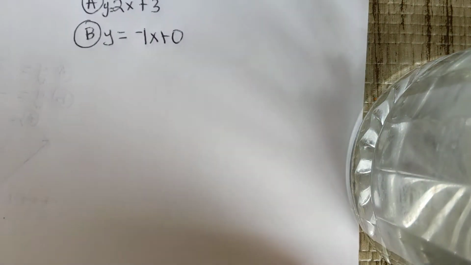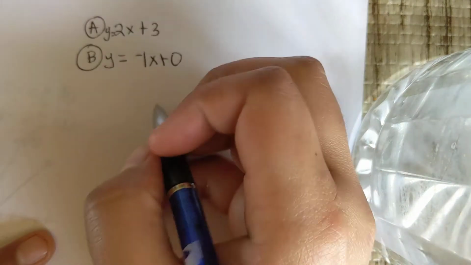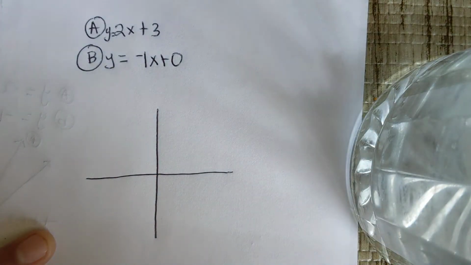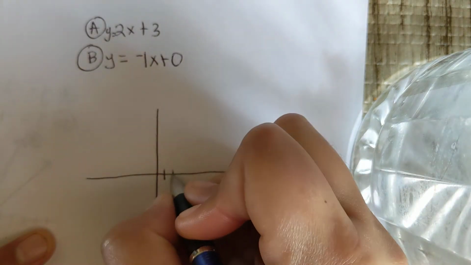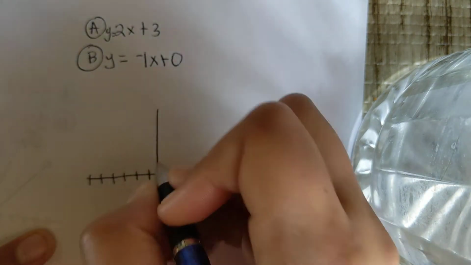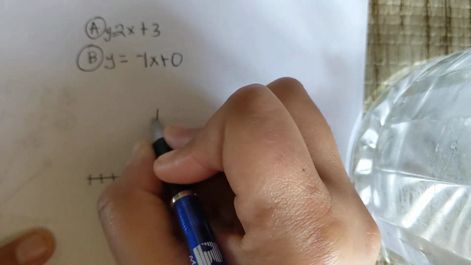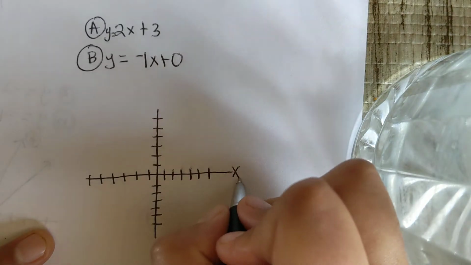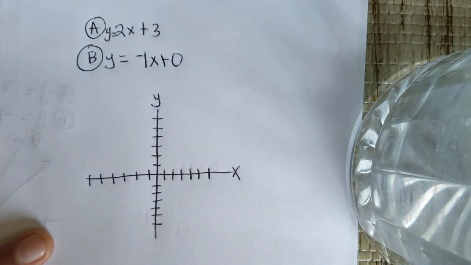So again, I'm going to draw my little graph. I like to go to number 6. So 1, 2, 3, 4, 5, 6 on each axis. Alright, this is my x and this is my y.